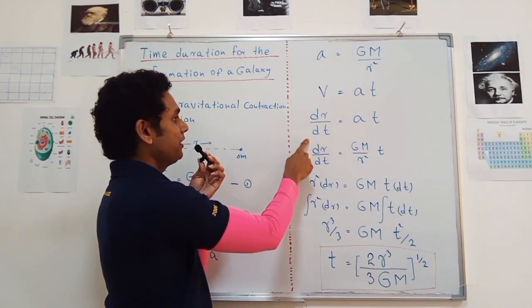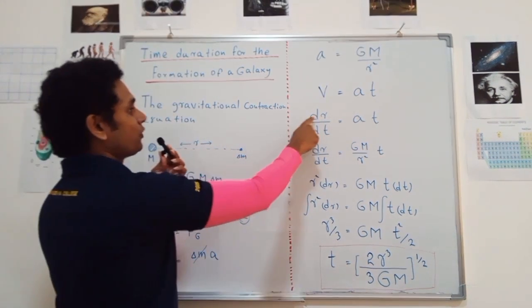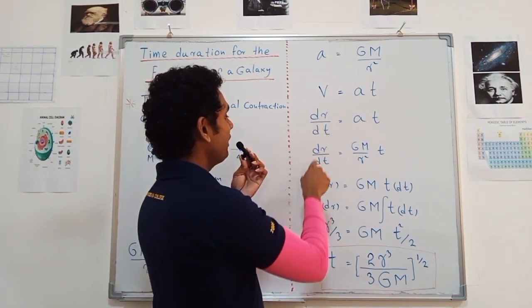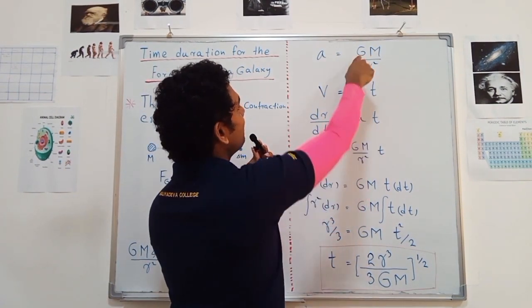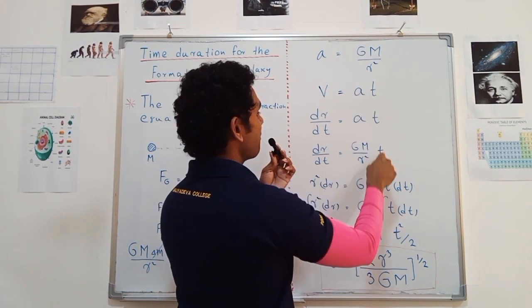So dr/dt is equal to a t. Here r is the distance, so dr/dt is the speed. Now dr/dt equals a, which is G M divided by r squared, multiplied by t.